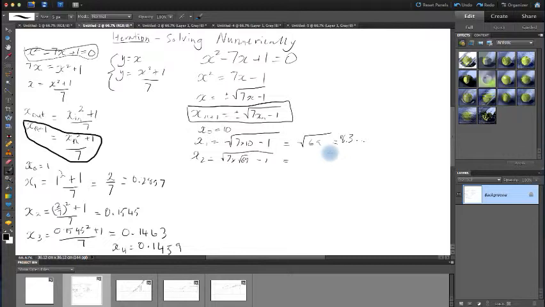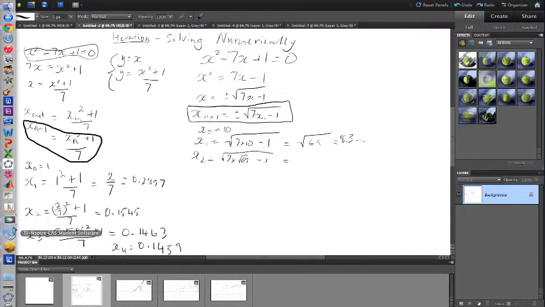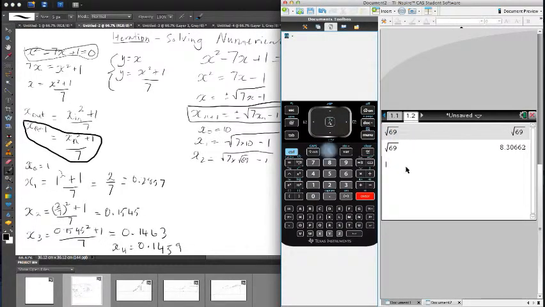At this point I'm going to show you how to just do this using the CAS calculator. So let's whip it out. Our first guess was 10, so we'll just go 10, enter. Now what we did to get x1 is we took the square root of 7 multiplied by, instead of writing 10, I'm going to say our answer, control answer, minus 1.